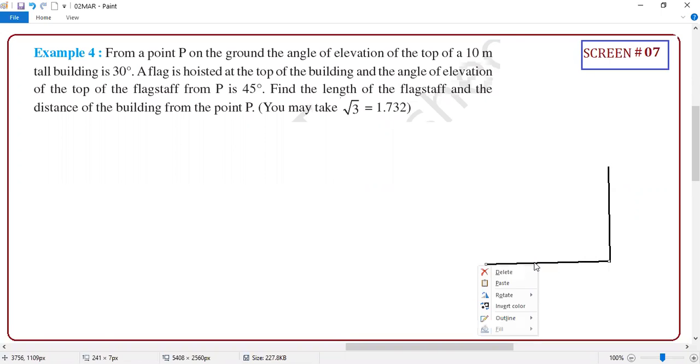From this point P, the angle of elevation of the top of the building is 30 degrees. Now a flag is hoisted at the top of the building. Now there is a flag. Now the same person who is observing the top of the building is observing the top of the flag also.